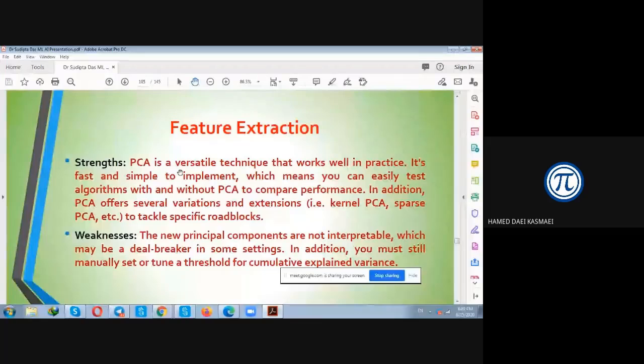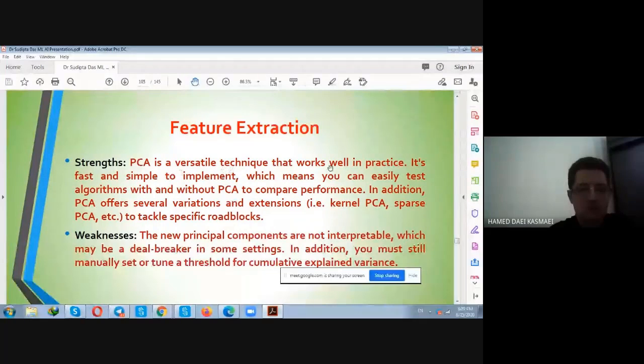we have some strengths and weaknesses. It's a versatile technique that works well in practice. It's simple and fast. You can easily test and offer several variations and extensions like kernel PCA and sparse PCA to tackle specific roadblocks. The weakness is that the new principal components are not interpretable, which may be a deal breaker in some settings.